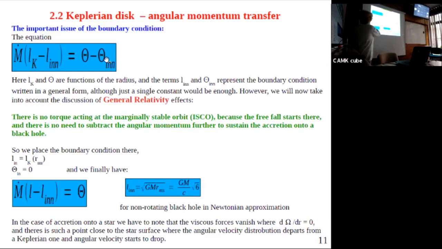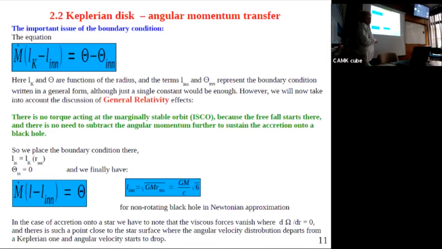So this theta in will be just 0. You can forget it. And then you know, of course, what is the expression for the angular momentum at the marginally stable orbit. So now you are set. Apart from the nasty situation, we still have this theta here hanging, right? We have no idea what it is, apart from the definition of viscous forces.